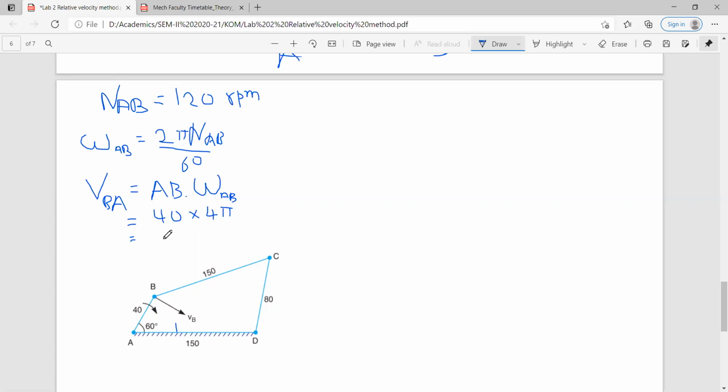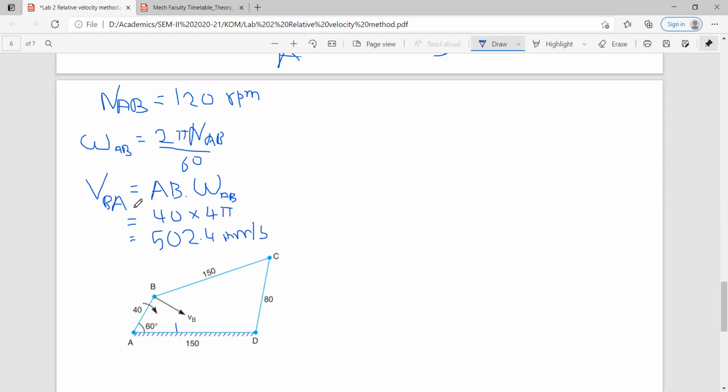Okay, that is important here. 160 pi. Now pi value is around 3.14. So this value will be 502.4 mm per second.